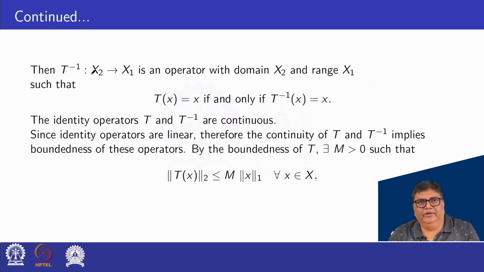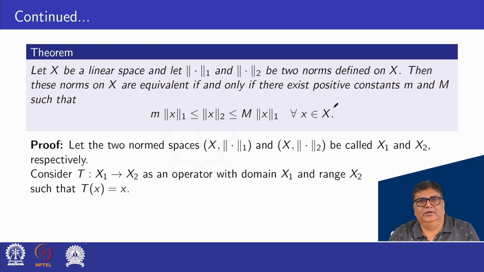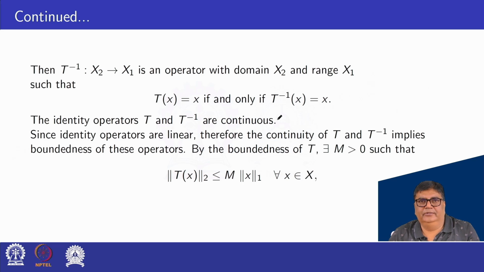So T inverse from X2 to X1 is an operator with domain X2 and range X1, such that Tx is equal to x if and only if T inverse x is equal to x. Okay. Simple: T from X1 to X2, so for the inverse mapping we apply T inverse from X2 to X1, and here Tx is equal to x, taking the inverse, that is x is equal to T inverse x. Okay, so we have this. The identity operator T and T inverse are continuous.